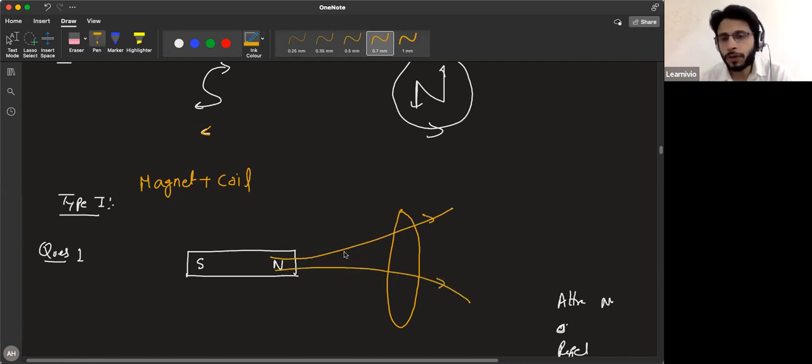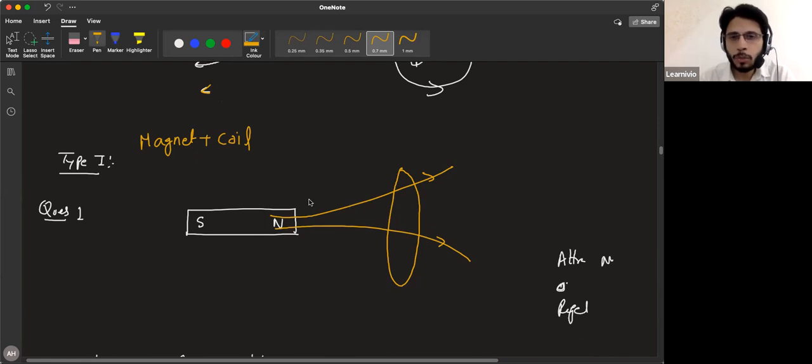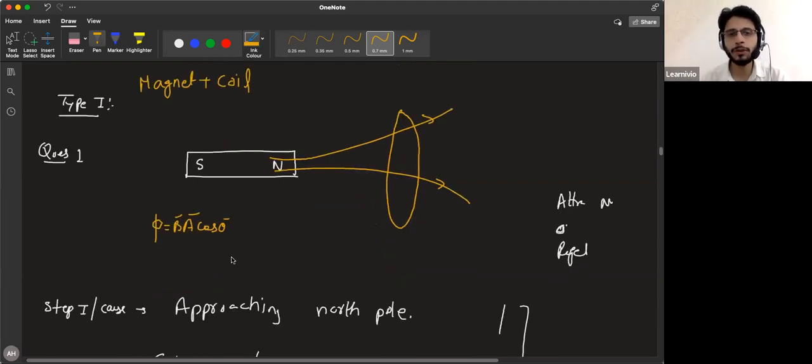So some flux will pass through the coil. So some flux is linked with the coil. When you move this magnet, so if this magnet is stationary, then the flux is constant, because flux is BA cos theta. If the magnet is stationary, then your flux is constant. B constant, A constant, theta constant, flux is constant. If flux is constant, Hishma, then how much is the induced EMF?